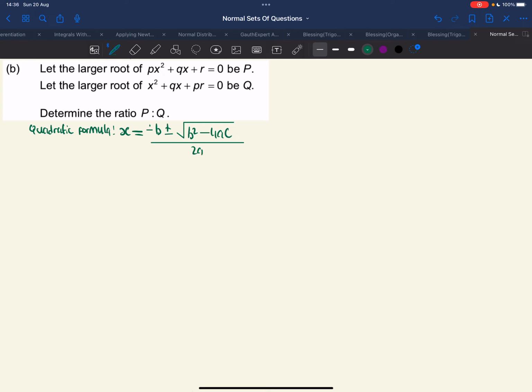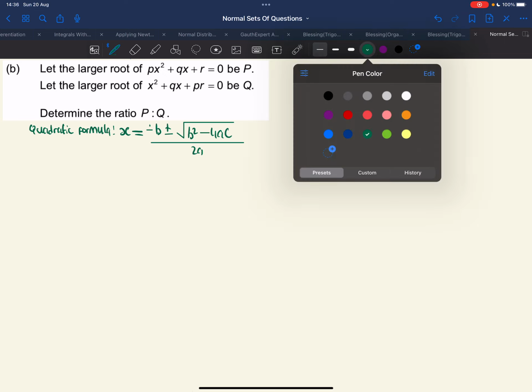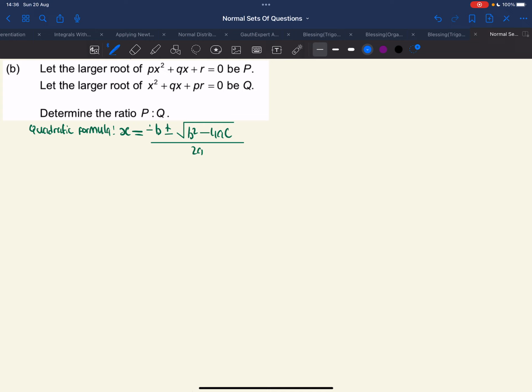Now I'm going to give each equation a color. The first one, with p, I'm going to give a blue color. So the first one is px squared plus qx plus r equals 0. Now we have to find a, b, and c. a is p, b is q, and c is equal to r.